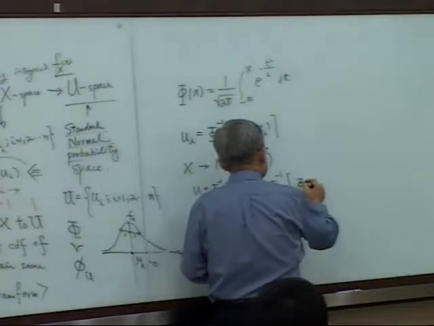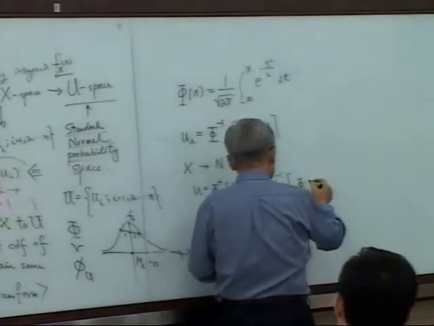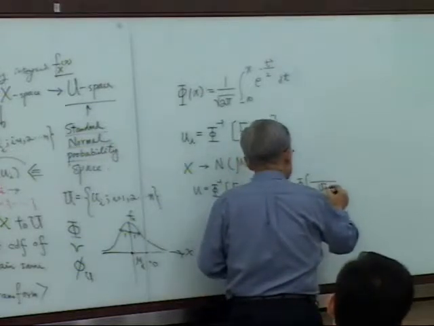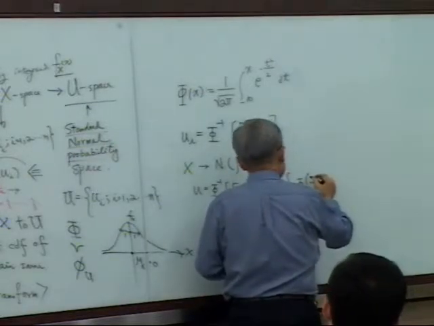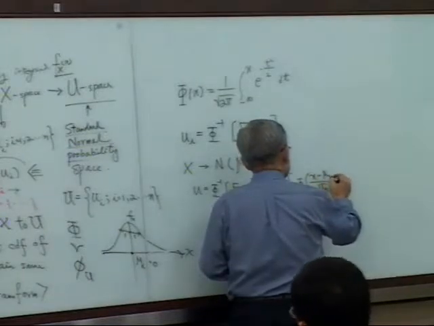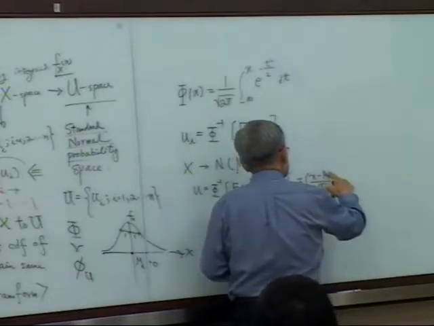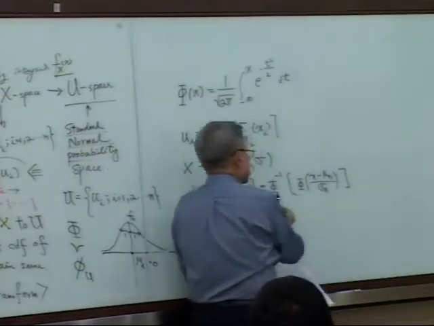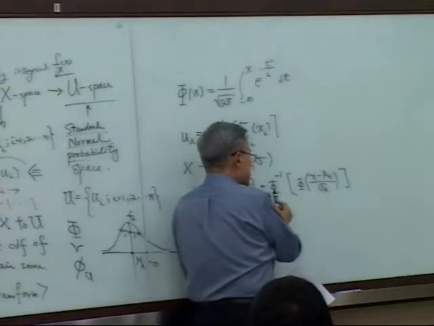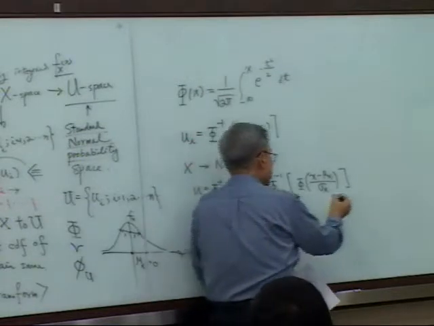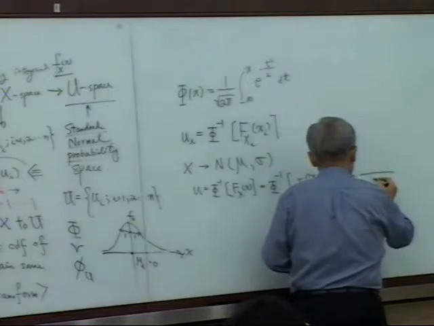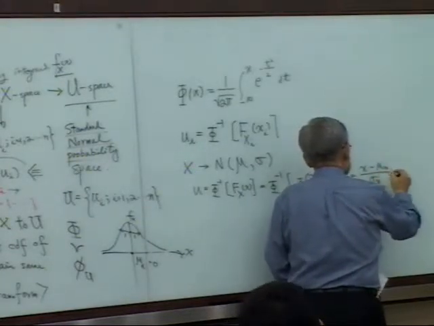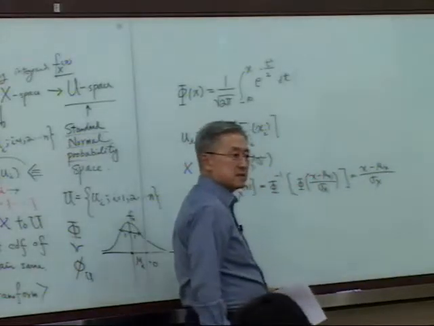So this is phi inverse of phi of (x minus mu x) over sigma x, then it's back to (x minus mu x) over sigma x.